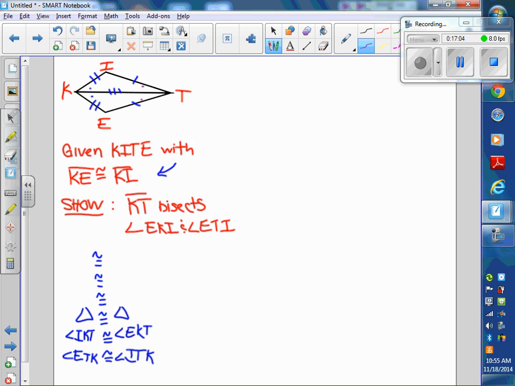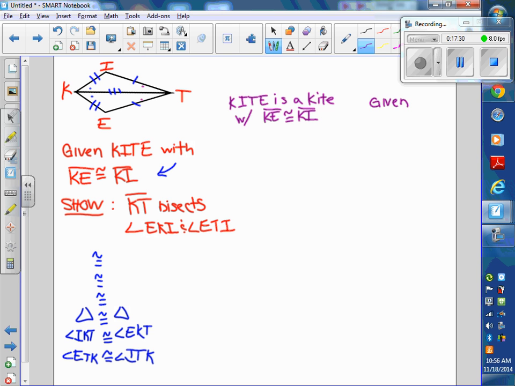I'm going to say KITE is a kite with KE congruent to KI. And I have to add in, so that's given, right?